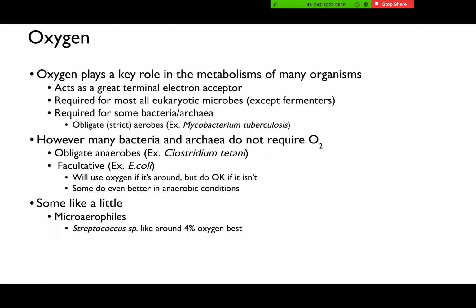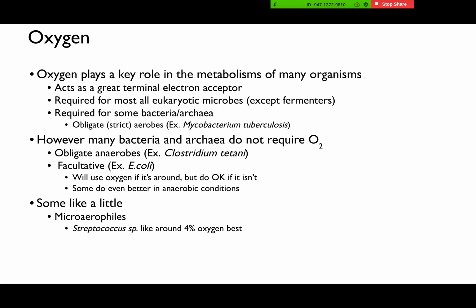There's this interesting crosstalk where they can switch between both of them. Under certain conditions they grow better, and under other conditions they grow better with or without oxygen. So it's interesting. And then finally, we have microbes that like a little bit of oxygen, but not a lot of oxygen. These are what we call microaerophiles.